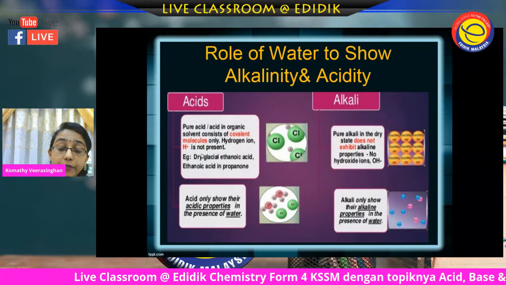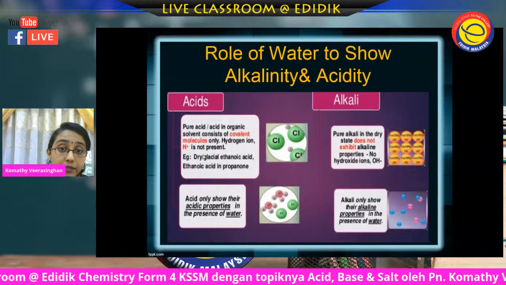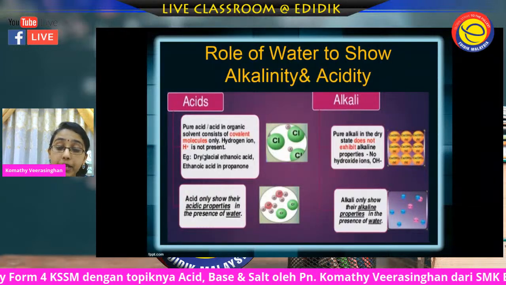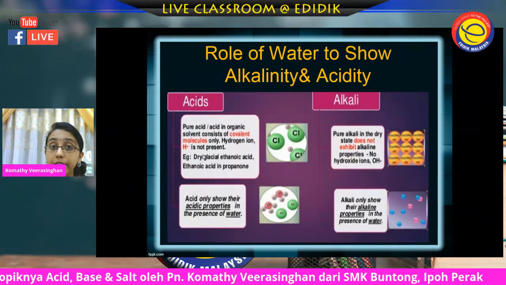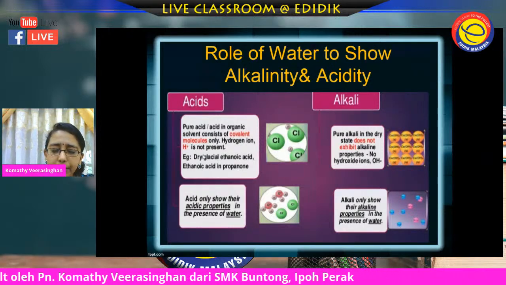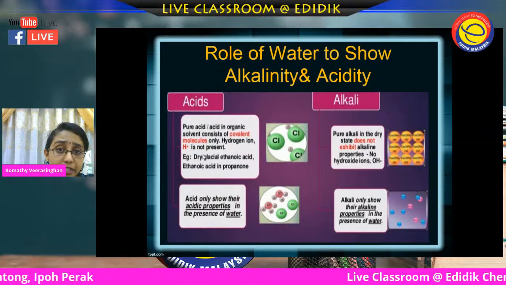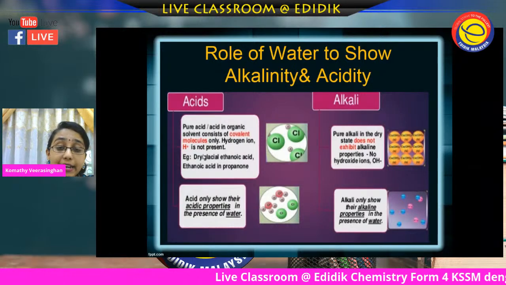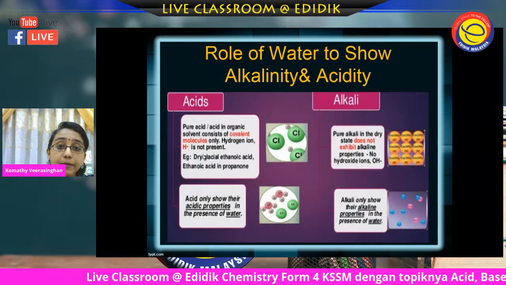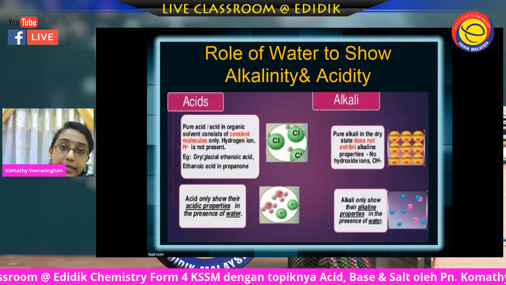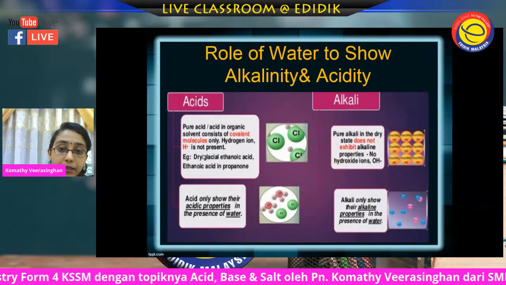Whereas when they dissolve in water, what will happen? As I explained to you just now, the molecules ionize and form their respective ions, and one of the ions they form is hydrogen ions. The moment there are hydrogen ions, the substance is able to show its acidic properties.